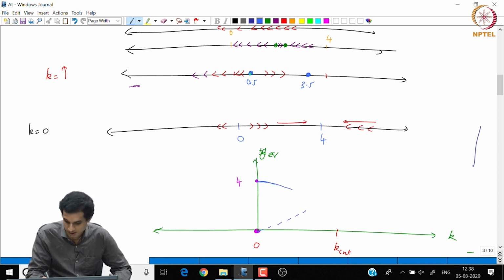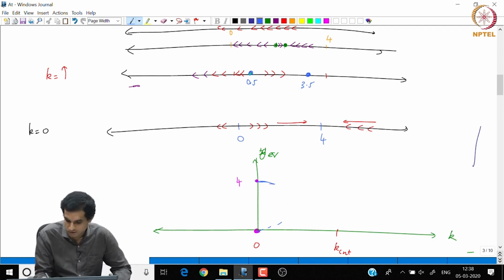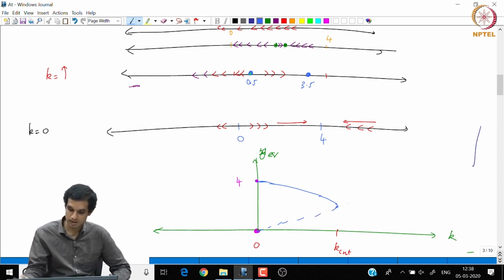They come closer and closer to each other, and beyond this critical harvesting rate they kind of merge here. After this, there are no equilibria at all, they just vanish.